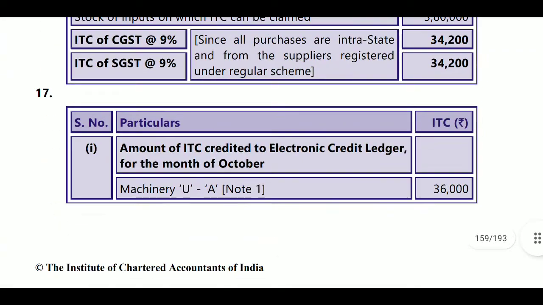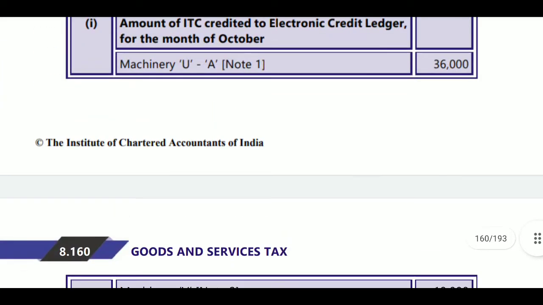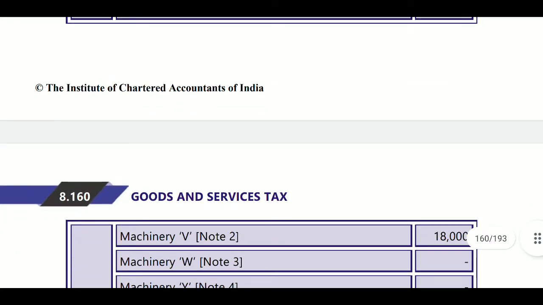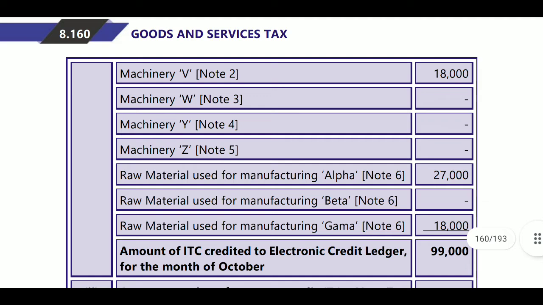Okay. First, the amount of ITC credit to the electronic credit ledger for the month of October. Here we will take machinery U, that is 36,000, and machinery V, 18,000. Machinery W you cannot take, Y you cannot take, Z we cannot take.